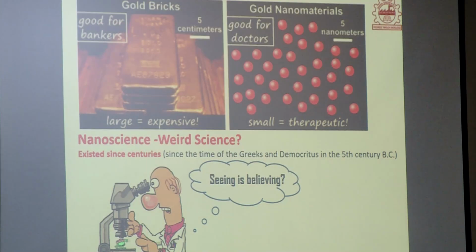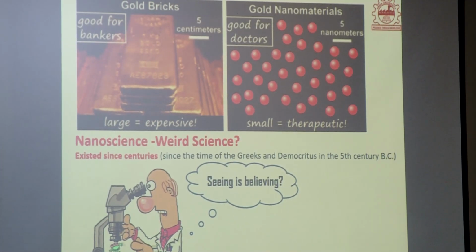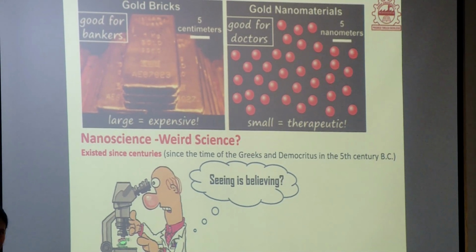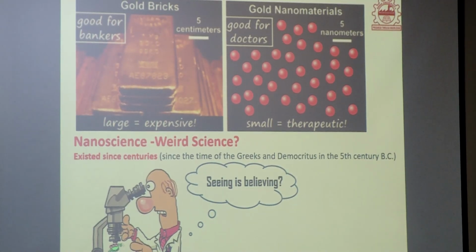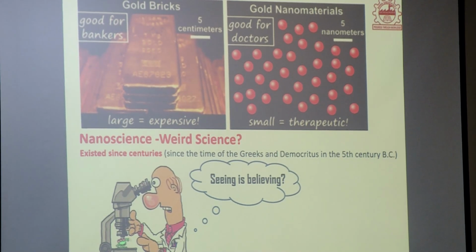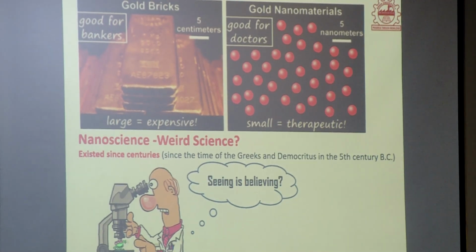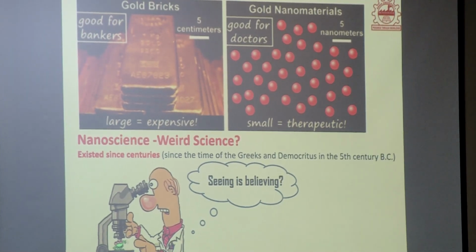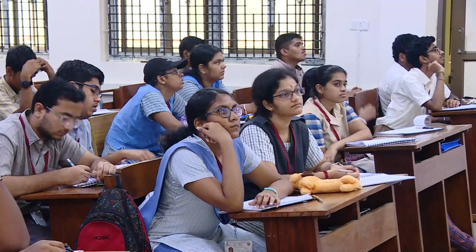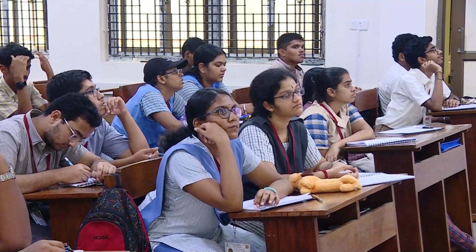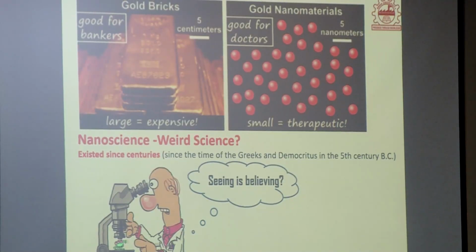So what I want to say from this is nanomaterials are nothing new. Unless it's a synthetically designed one, it was already there in nature. The only problem was we were not able to see those nanomaterials. We have proof of existence of nanomaterials since the 5th century BC, and it may have existed before that.